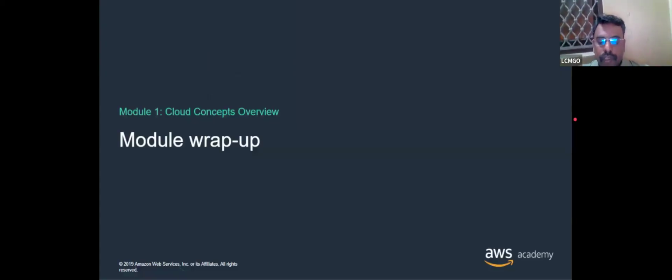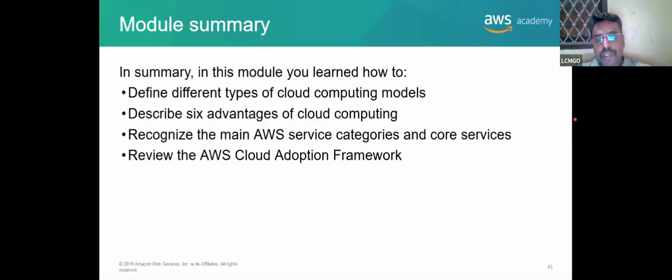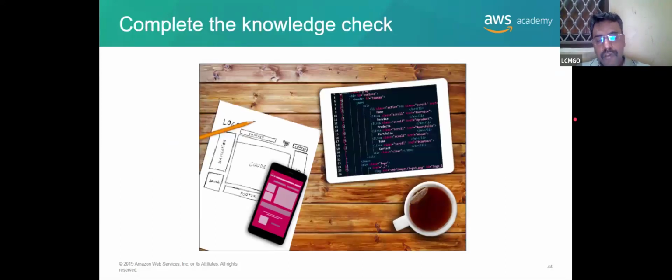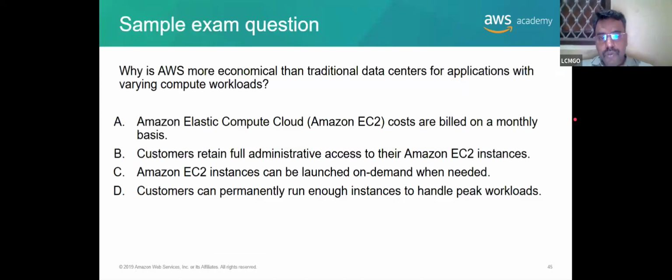Yes. Coming to the end of this first module, we discussed different types of cloud computing, six advantages, recognizing the main AWS services and service categories, and the Cloud Adoption Framework. Coming to the knowledge check, you have to answer this question: why is AWS more economical than traditional data centers for applications with varying compute workloads?